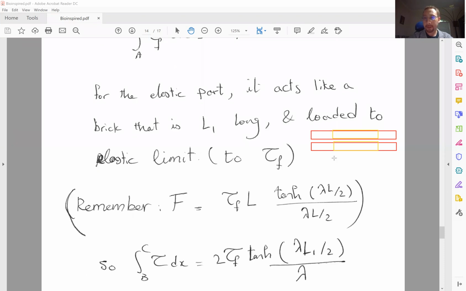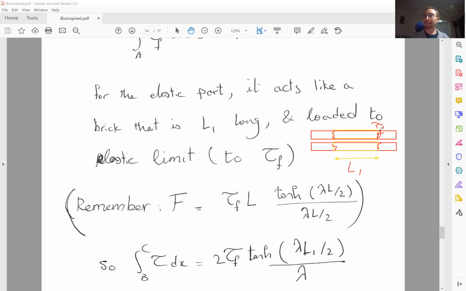This distance from here to here is actually L1. At the very end of the elastic region, the shear stress is exactly tau f, because that's the boundary between the elastic and plastic region.